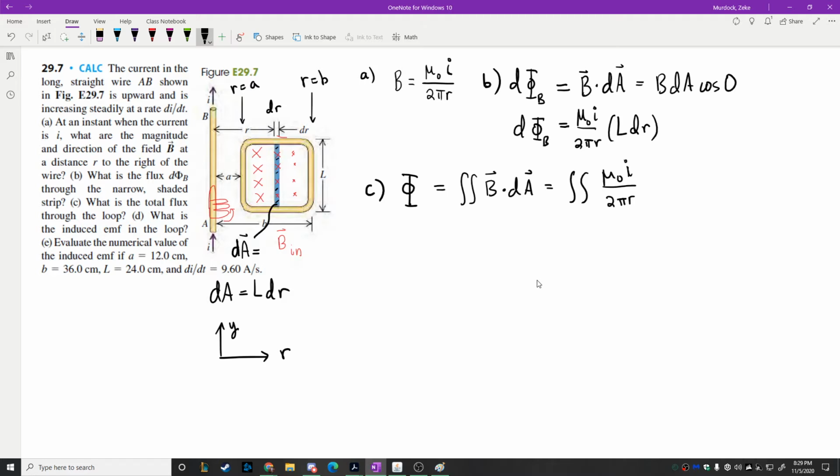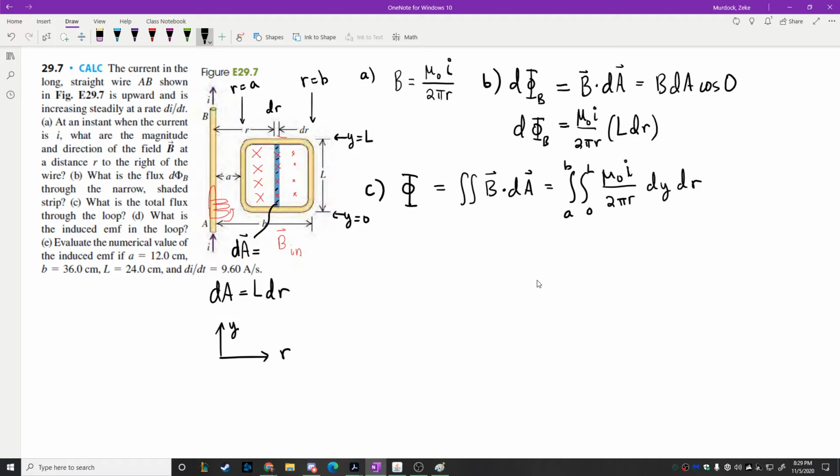In that case, for dA, I would have dy and then a dr as well. For my y's, I would integrate from this point right here, y equal to 0, to this point right here, y equal to L.